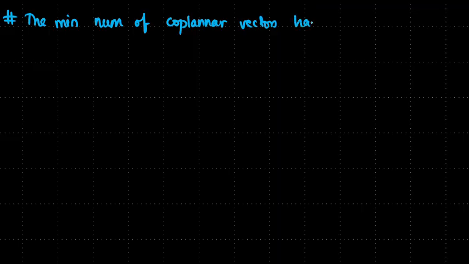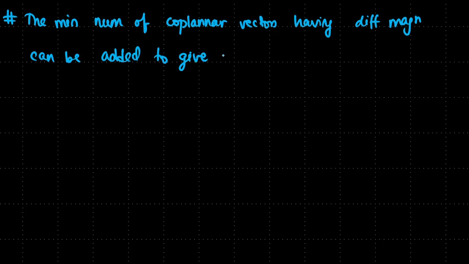We are going to do another question, which is: the minimum number of coplanar vectors having different magnitude that can be added to give a zero resultant is?